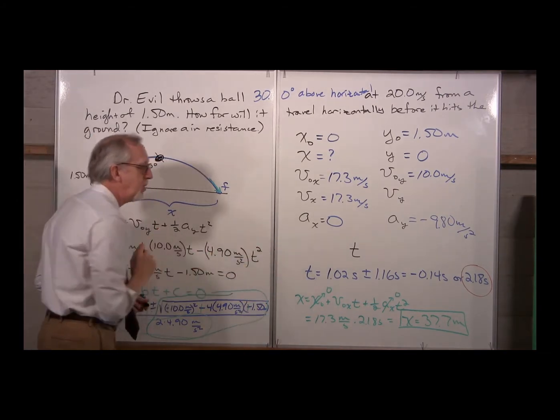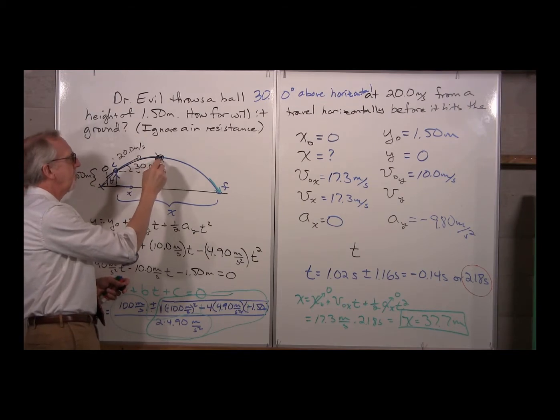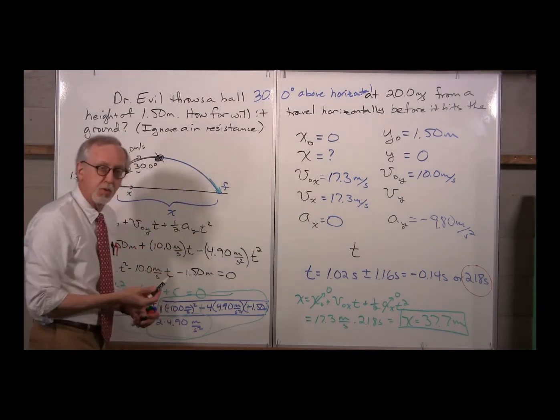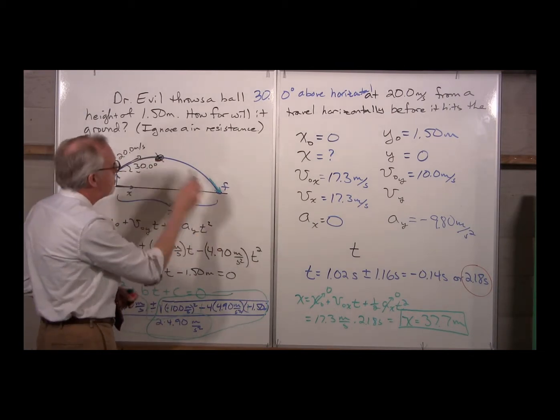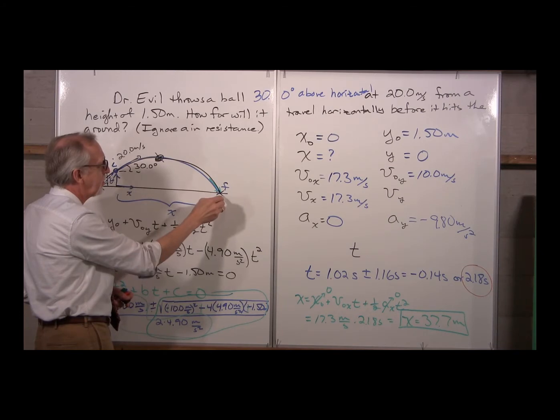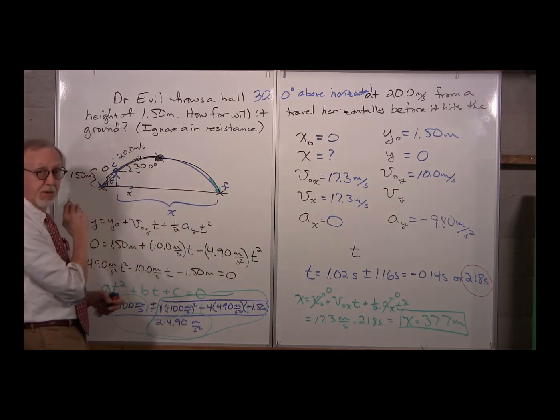It takes 1.02 seconds after it's thrown to get up to the highest point. And then the conditions that y equals 0 are symmetric about that point. 1.16 seconds after that point, or 1.16 seconds before that point.